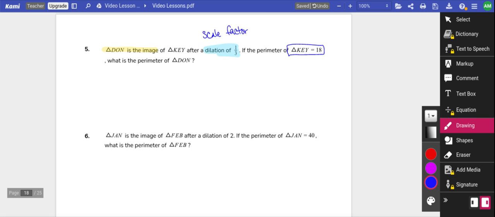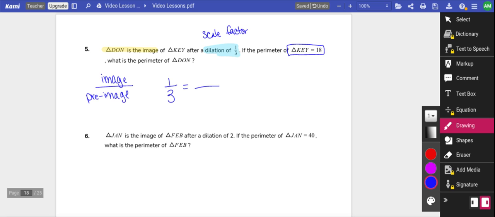So let's think back to scale factor when we talk about dilation. Scale factor refers to the ratio of a side of an image over the side of a pre-image. So we're going to write the scale factor as 1/3. We already knew that. But now in our second ratio, we're going to take triangle Key being 18, and we're going to somehow fit it into this formula.